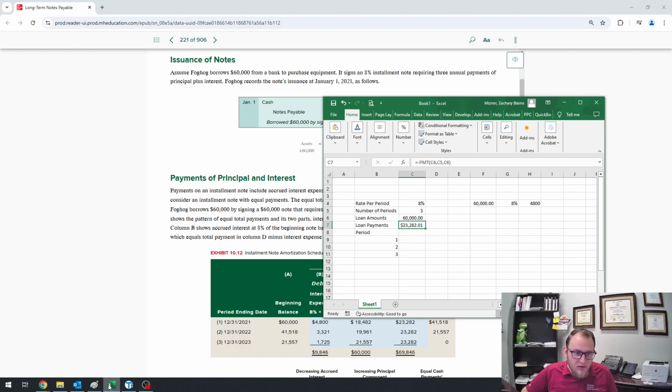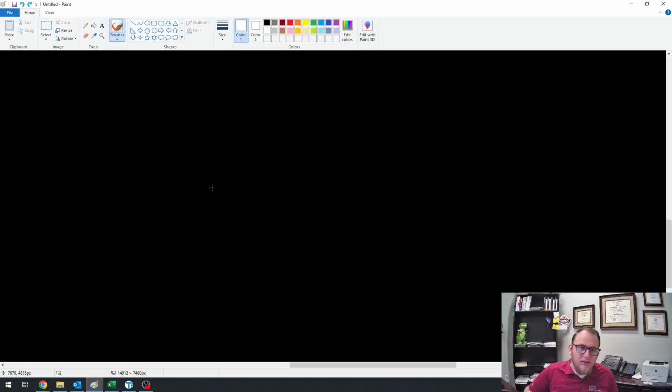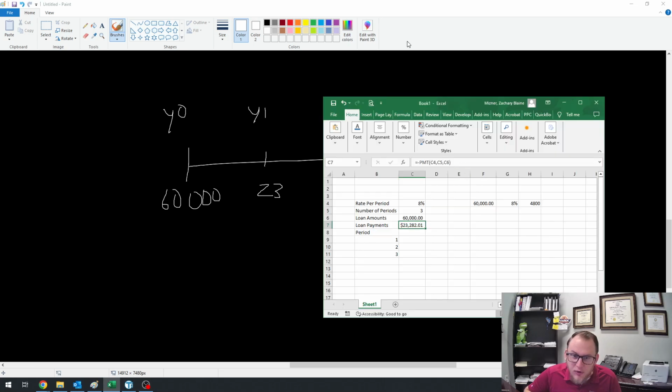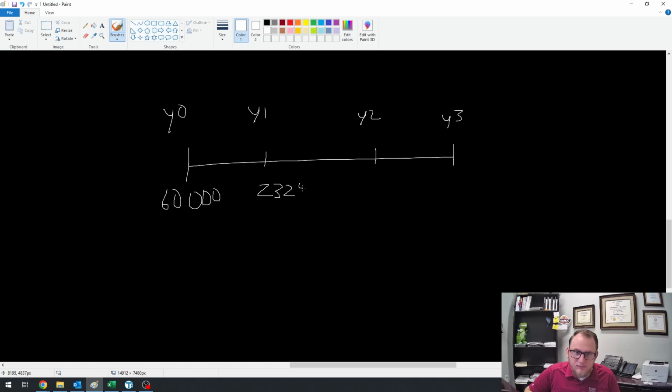So if we look, where's payment? There it is. If we have a timeline here, year 0, we borrowed the money for $60,000. And then we have year 1, year 2, year 3. We're going to make payments of $23,282 each year.